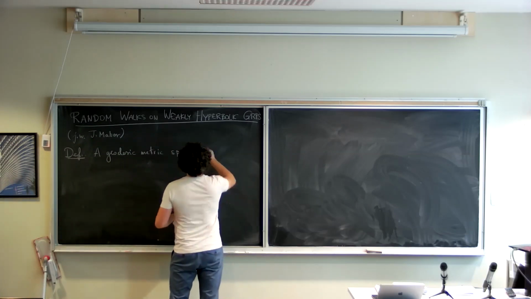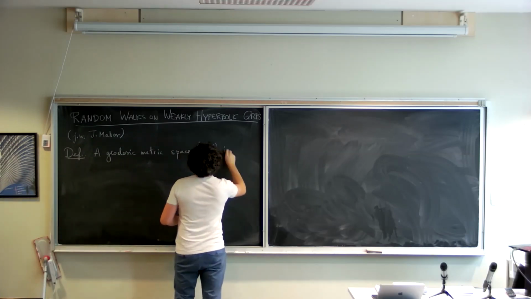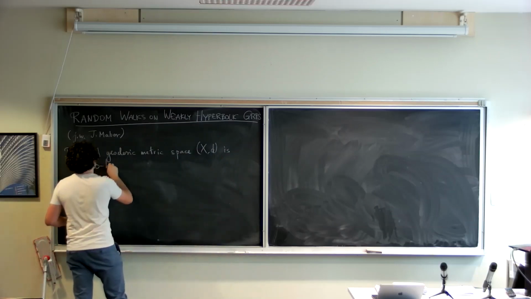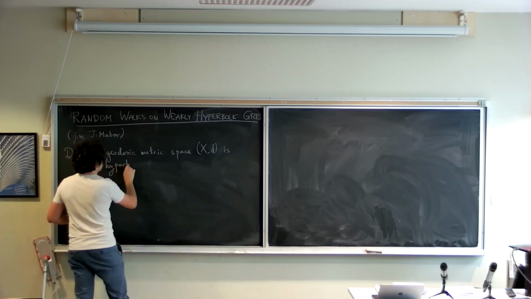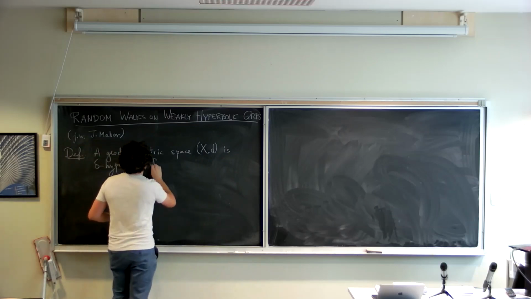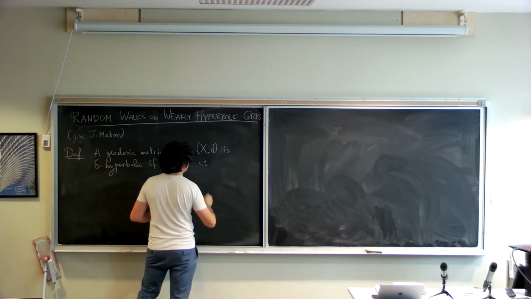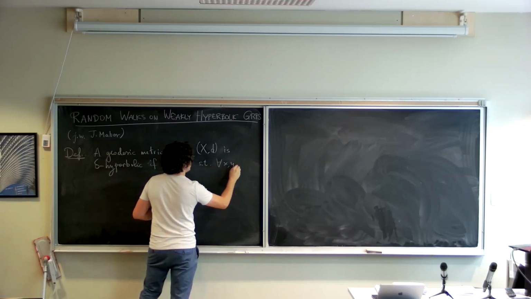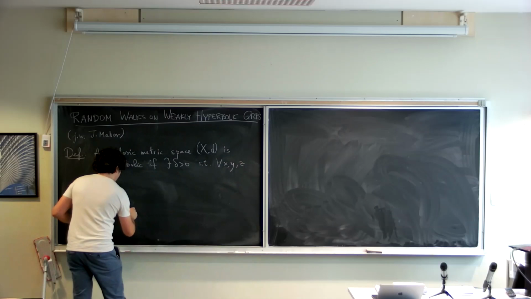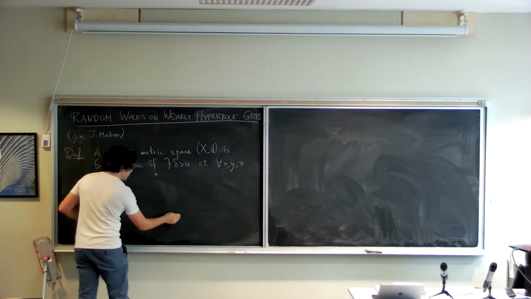So let's call it, always denoted by X, d, is called delta hyperbolic if there exists some delta such that for every triple of points x, y, and z, you have the following situation.